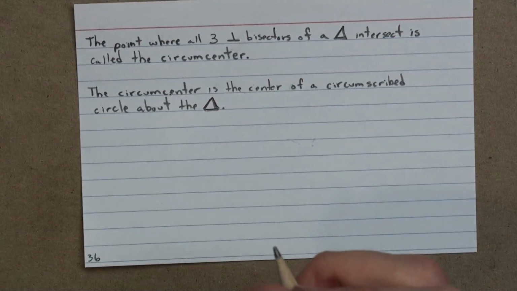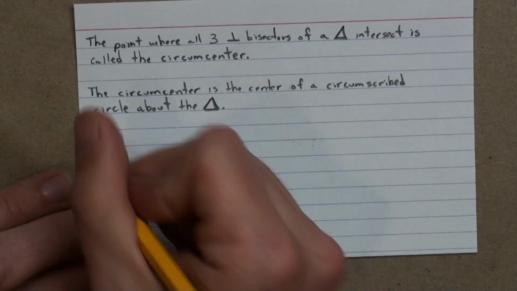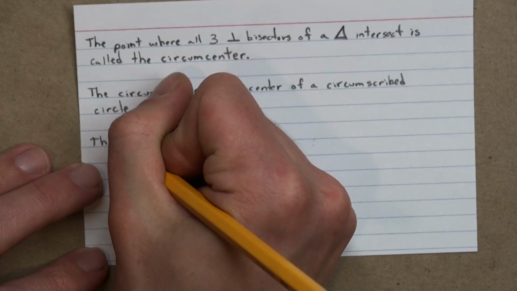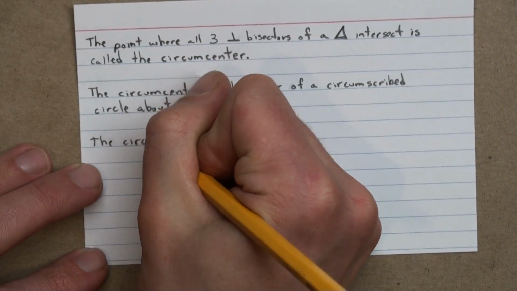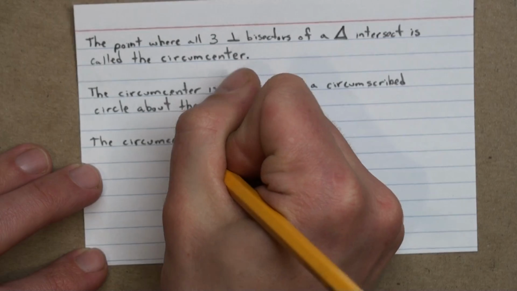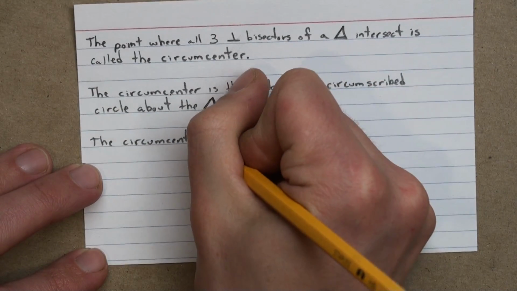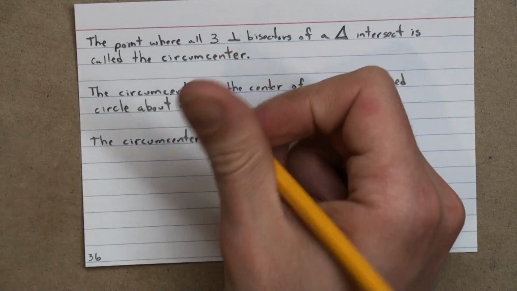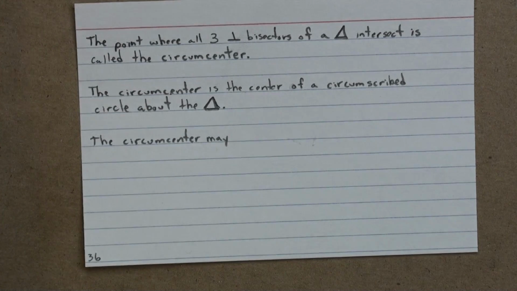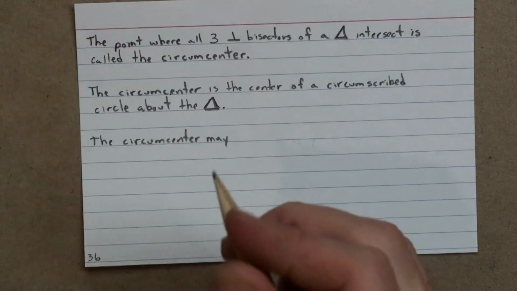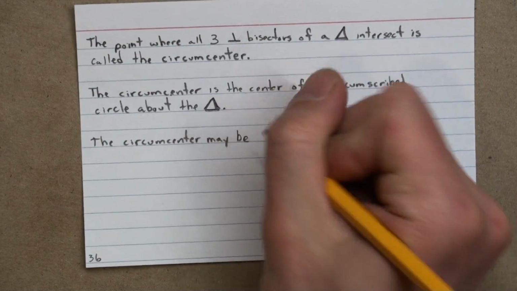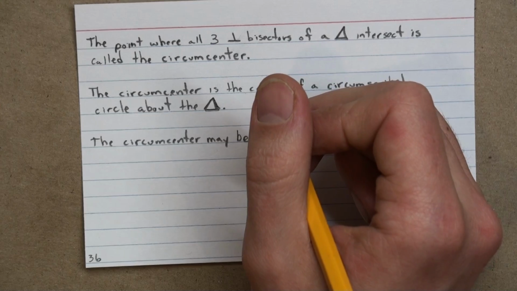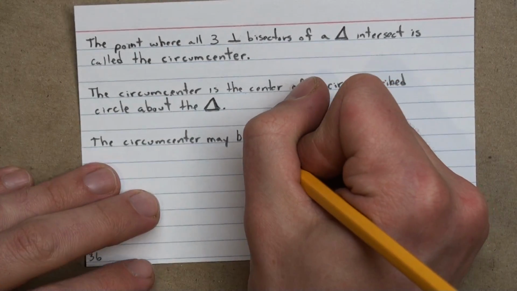Okay. And finally, the circumcenter, let me see how we put it on the last card, may be inside or outside of a triangle.